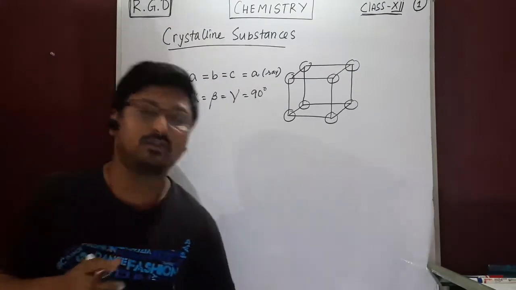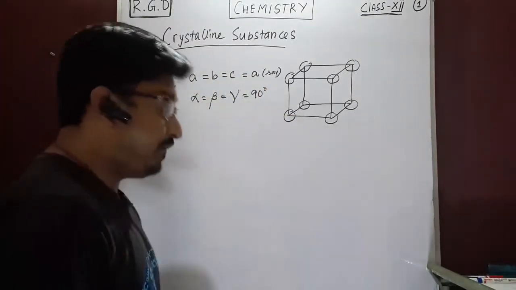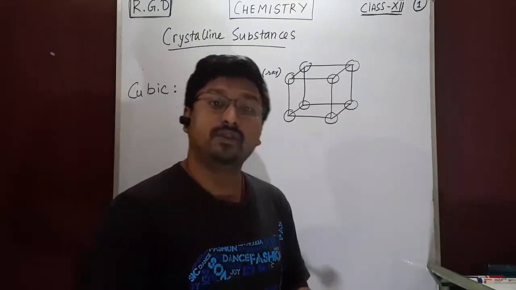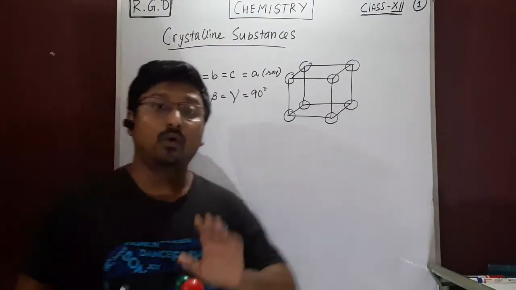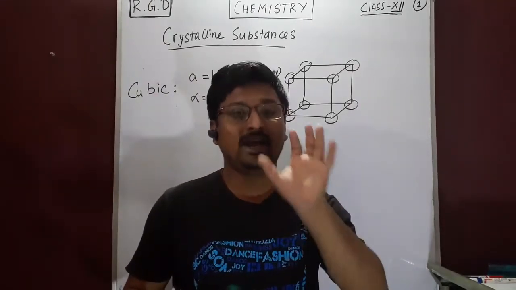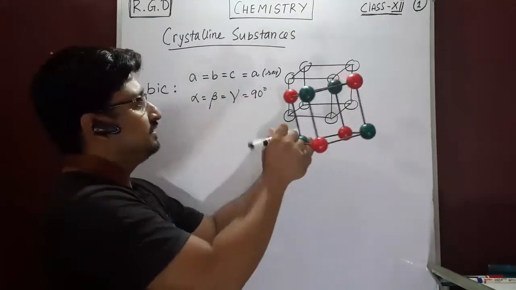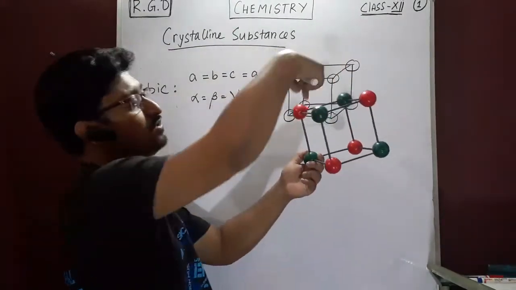Now, if someone asks you for the definition of primitive unit cell, you don't write this. You just say a primitive unit cell is a unit cell where the atoms are situated only at the corners, present at each corner.